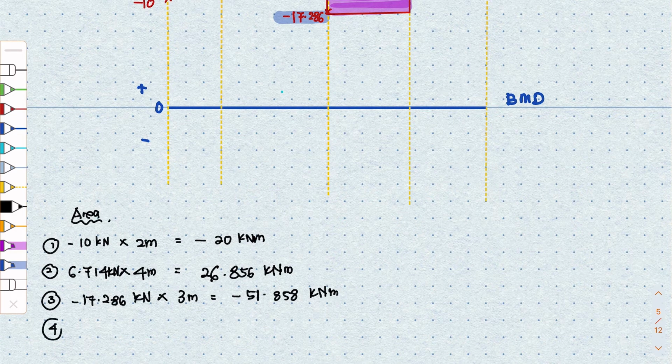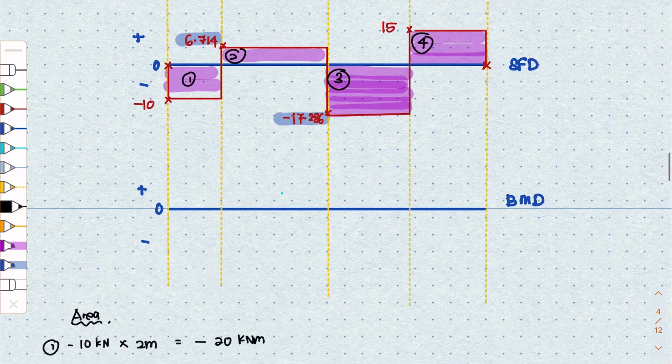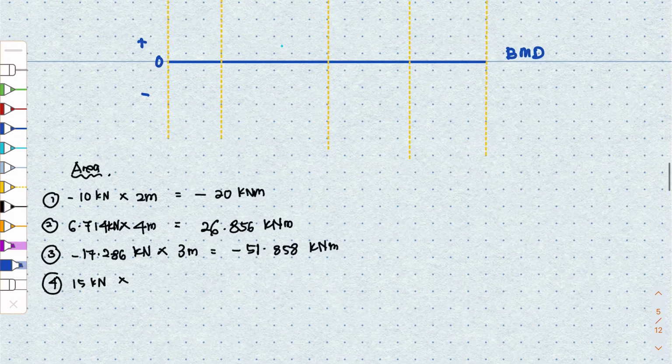And for number 4, the height ataupun the force is 15 kilonewton. Okay. And the length ataupun the width adalah 3 meter. So darab dengan 3 meter. You will get 45 kilonewton meter.